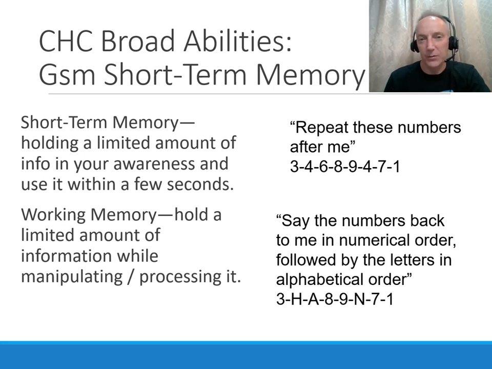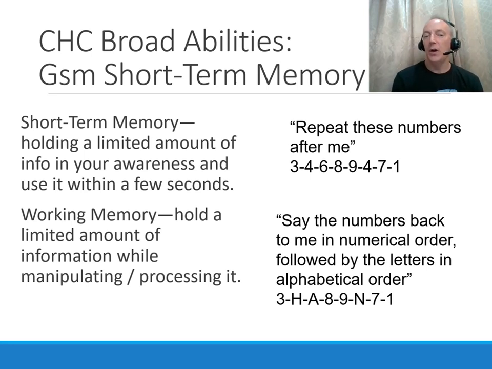The string of numbers is going to get progressively longer. When I'm done, I want you to just say them right back to me. You're not seeing the numbers I'm reading. You can't write them down. And I would say 3, 4, 6, 8, 9, 4, 7, 1. And you would just have to say them right back to me.